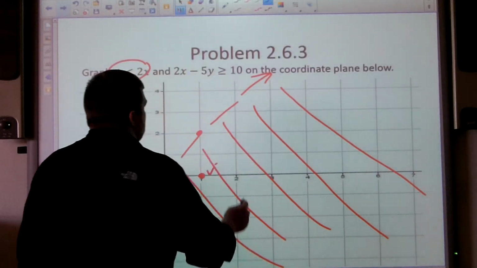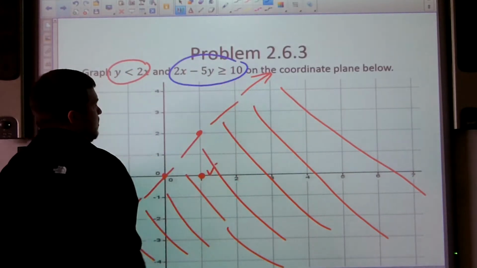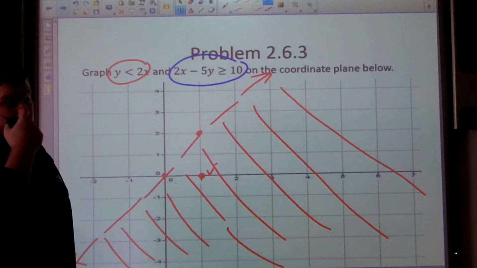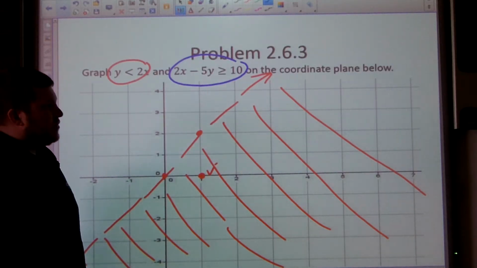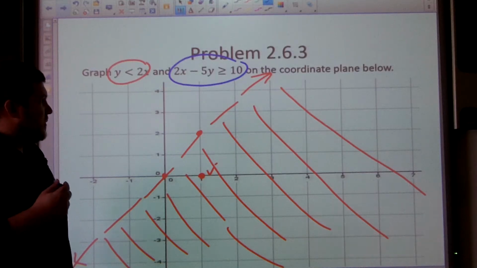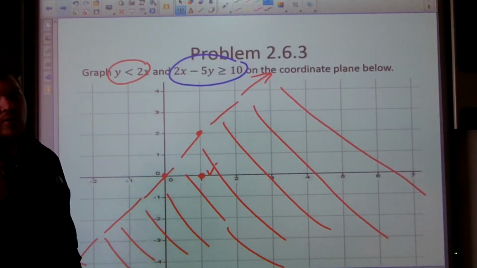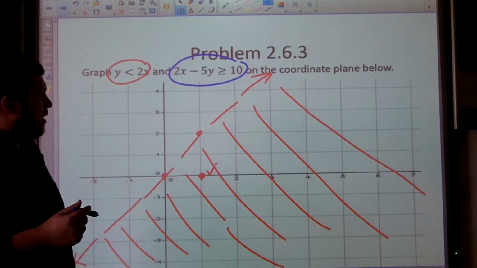I want to do the other inequality in blue. So 2x minus 5y is greater than or equal to 10. Well, it's probably going to be a little bit easier for me to graph this if I get it in y equals mx plus b. So I need to get y by itself.